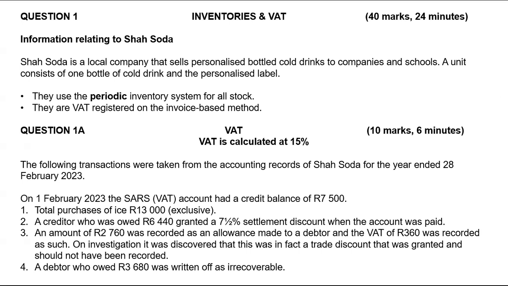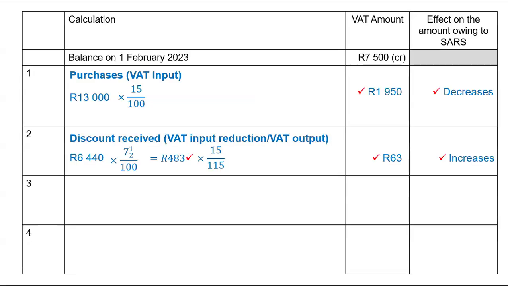We recorded 2,760 and we were not supposed to have recorded it at all. Meaning that even the VAT on it was not supposed to have been recorded at all. So we need to reverse that. So we now know that that 360 was recorded as VAT input. So to correct it, we reverse that by recording it as VAT output, or you can just say it's VAT input, okay?